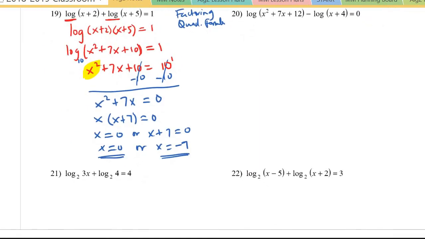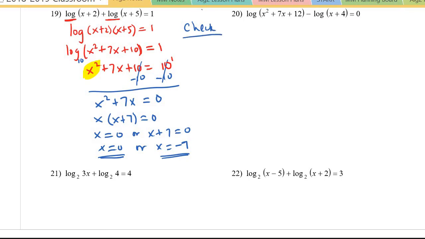Remember what we said in class, that you will always have to go back and check if those solutions will work or not, because log does not accept all kinds of input. Log does not like 0. Log does not like negative numbers. Let's check each of them. So we're going to check the input.